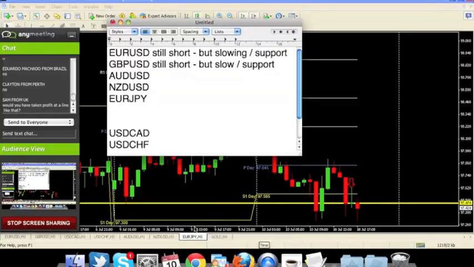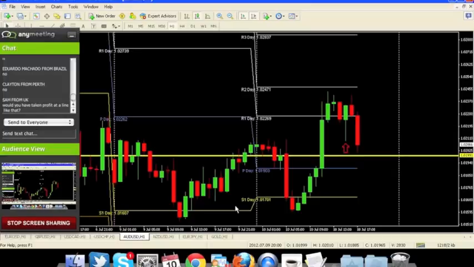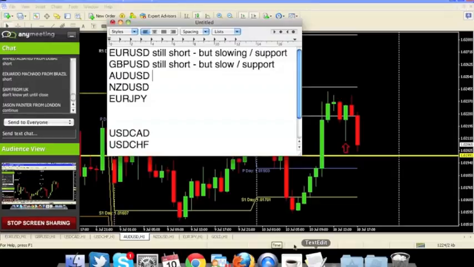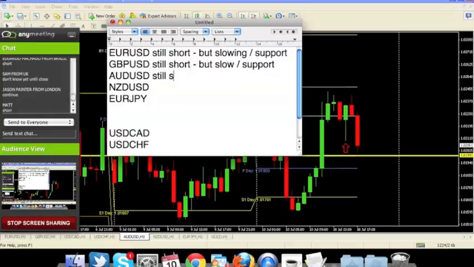moving on forward, we were looking at Aussie dollar. Sorry about that. We're looking at Aussie dollar. Is this an exhaustion? Or is this a pattern that you think the market will continue short? Okay? Good. It looks still short.